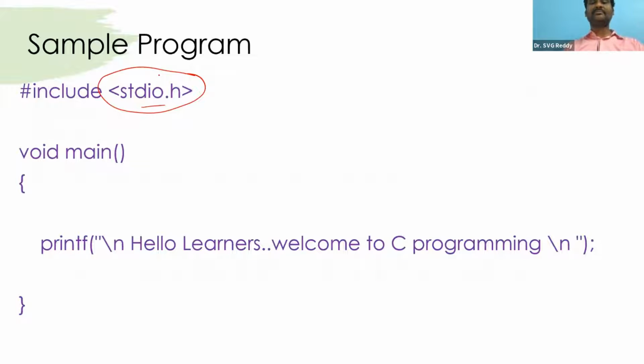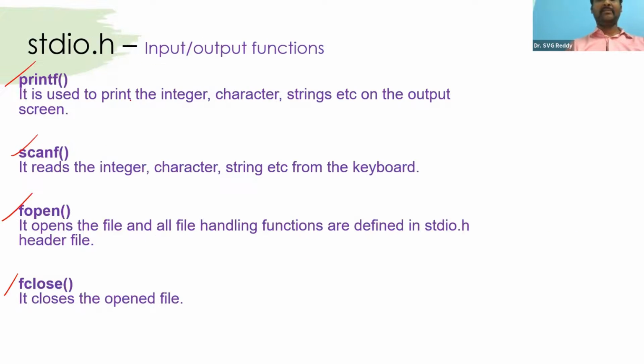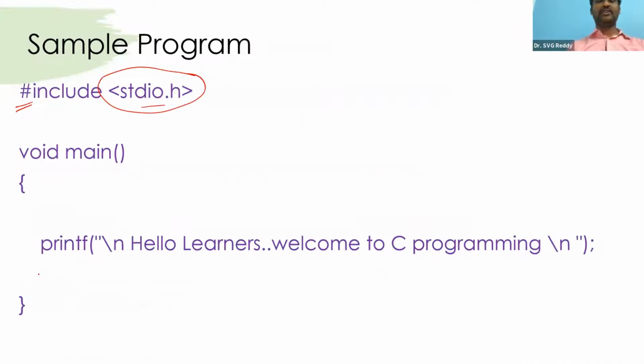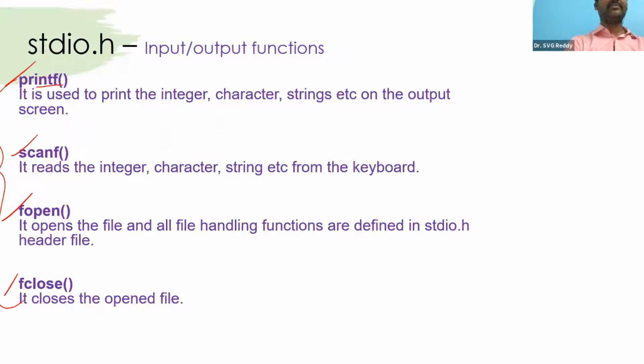Now, it simply means we are telling the preprocessor, of course, hash is a preprocessor, to include this header file, meaning to include some basic IO functions into my program. See there, printf.